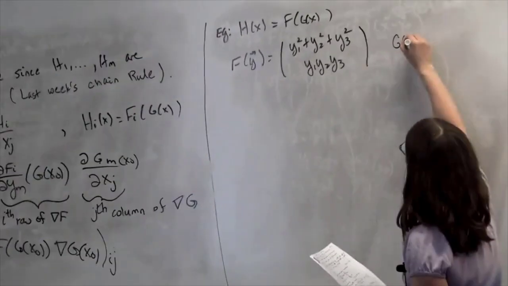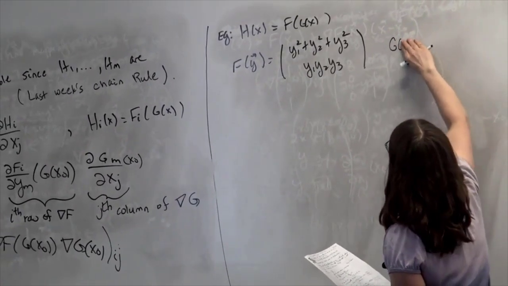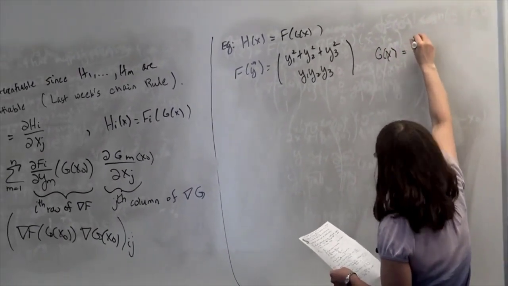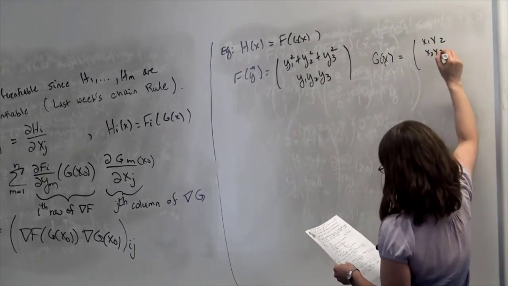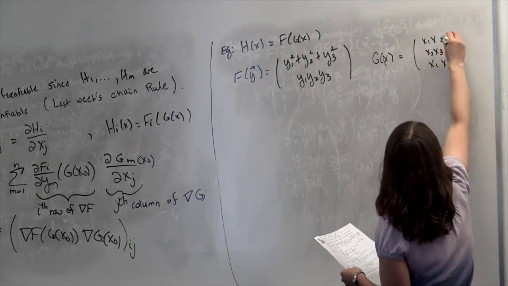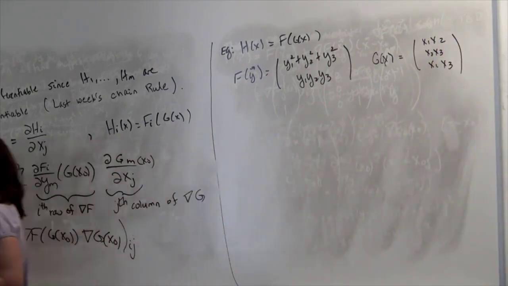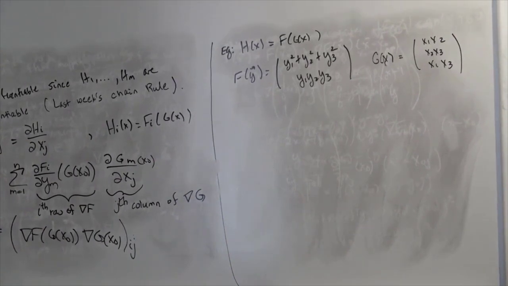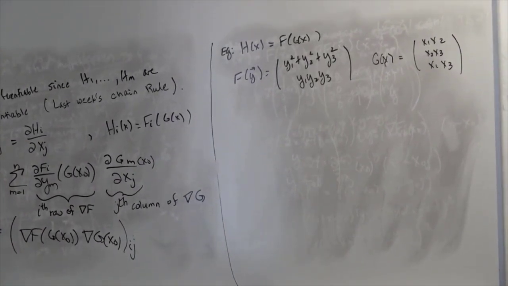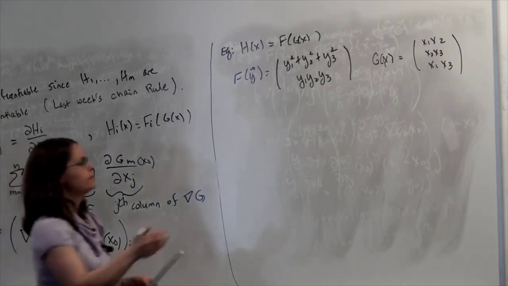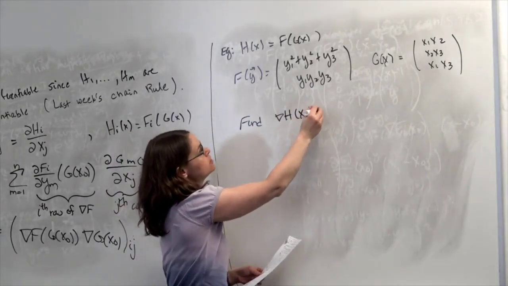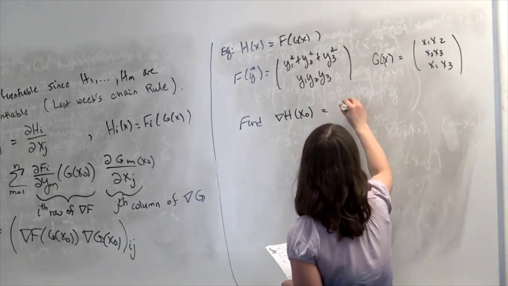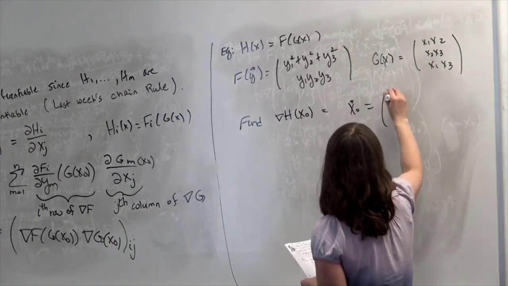And g of x is going to be x1 x2, x2 x3, x1 x3. And then maybe we could be asked to find the Jacobian of h at some x naught, where let's say that x naught is equal to (1, 2, 3).